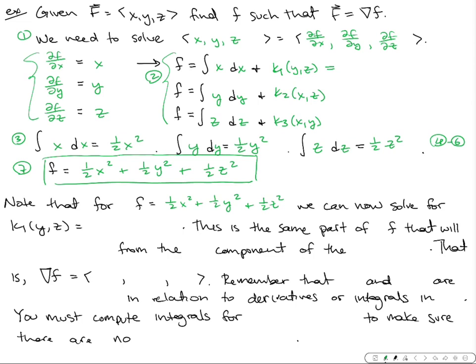So the integral of x dx was 1/2 x squared, and then we had this k1 of yz that we didn't know, and that's what stopped us from finding little f. But now we know that the extra part of little f that we were missing was 1/2 y squared plus 1/2 z squared. So k1 of yz was 1/2 y squared plus 1/2 z squared.